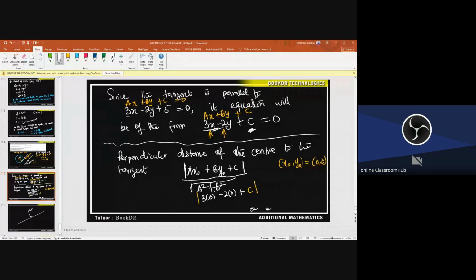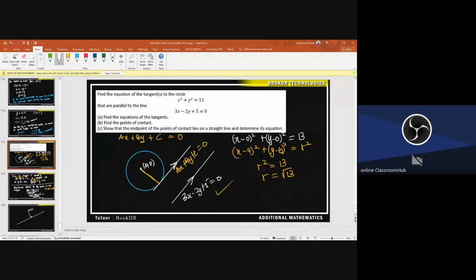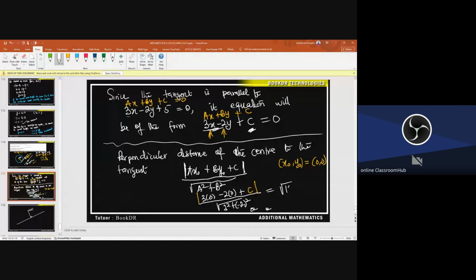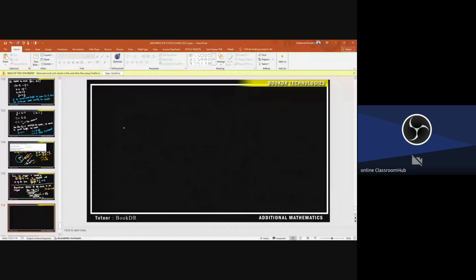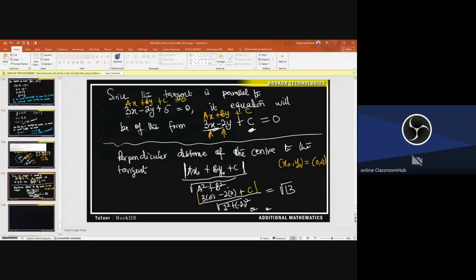Yeah. Then over the square root of 3 squared plus (-2) squared is equal to that distance that we are looking for, which is actually the radius. So we can equate it to what? The square root of 13. So let's continue solving. The 0, 0, 0 all drop.